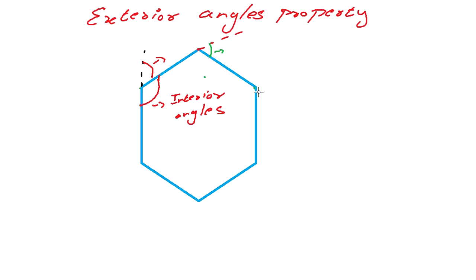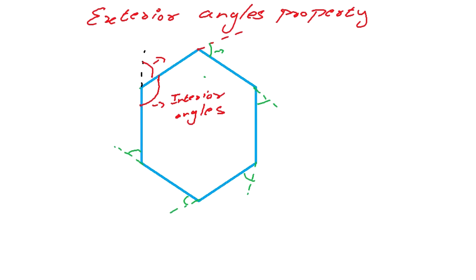Similarly, the exterior angle has to be found for all the sides like this, and it has to be done in one direction only. When all the exterior angles are found, the sum of all the exterior angles will be equal to 360 degrees.